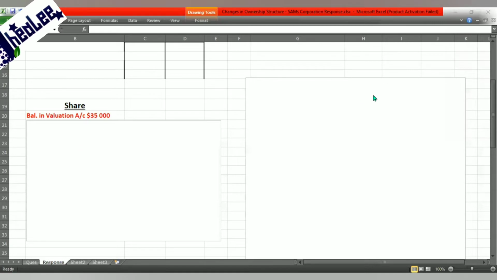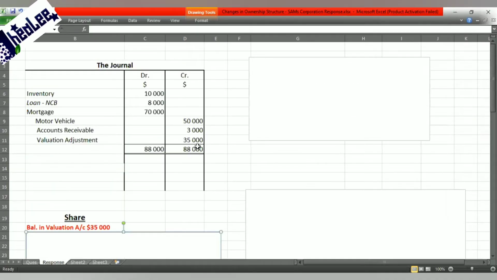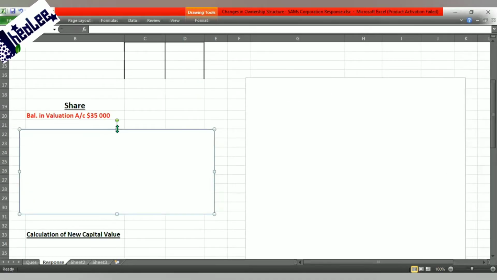So based on that, remember the valuation adjustment account was credited with 35,000. That's a credit balance in the valuation adjustment account. So based on the 35,000, we're going to look at the effect on the partner's capital to indicate whether there is an increase or a reduction in their capital values.